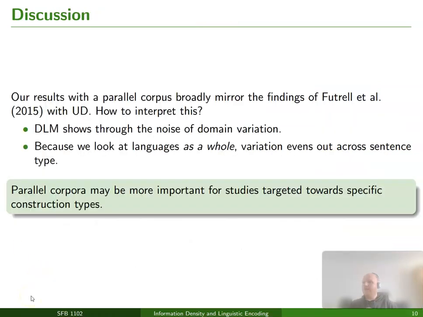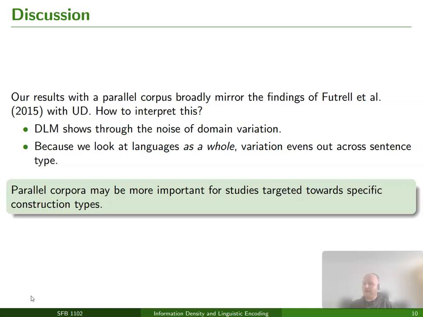So there have been some interesting and surprising findings here, but broadly our results mirror those of Futrell et al. and others who have worked with universal dependencies instead. One interpretation is that dependency length minimization is so prevalent that it shows through the noise of domain variation, or that it's actually present in every domain. Another is that we're looking at languages as a whole here, and so sentence variation averages out.